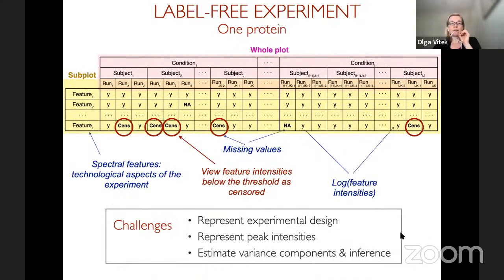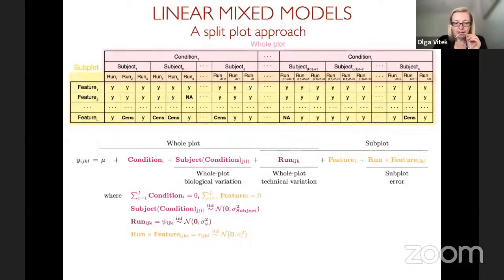And so now our goal is to summarize this data structure and do statistical testing in a way where we build the signal to noise ratio, but in a more smart way where we understand what the nature of replication is. We represent peak intensities and read between the lines and say these are the values which should be censored. And also, well, some of these features have outliers and so on, and we need to be robust to that.